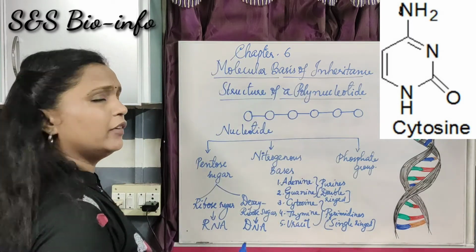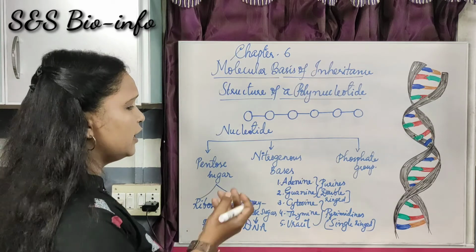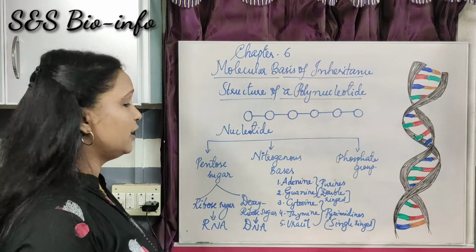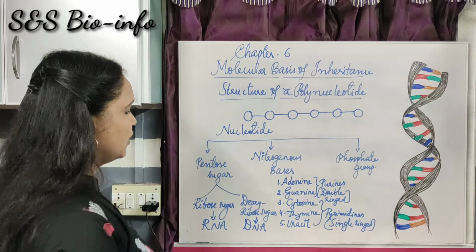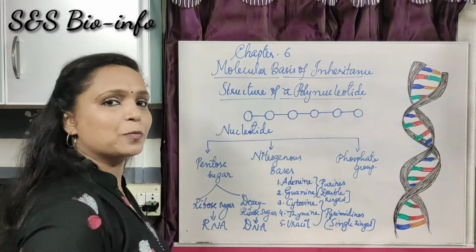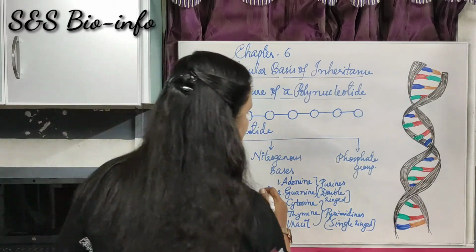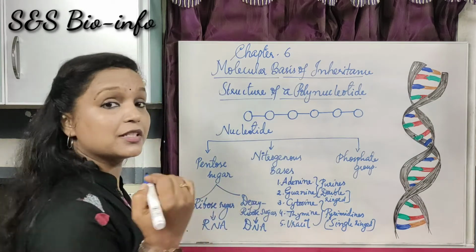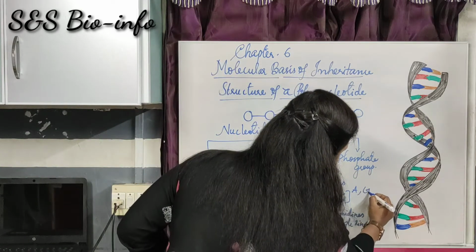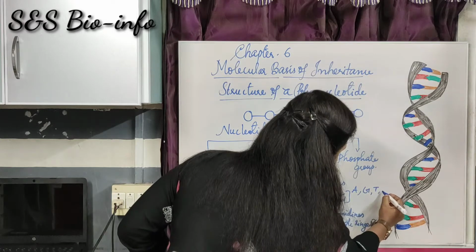Here, we can easily remember the nitrogenous bases that are present in the DNA and RNA. Adenine, guanine, cytosine and thymine are present in the DNA. So, which are the nitrogenous bases present in DNA? Adenine, guanine, thymine and cytosine.